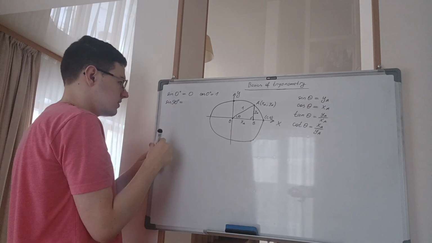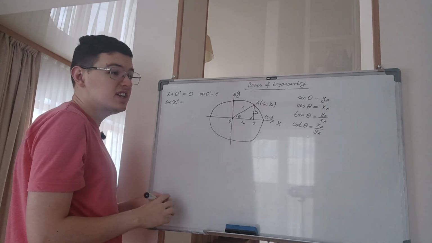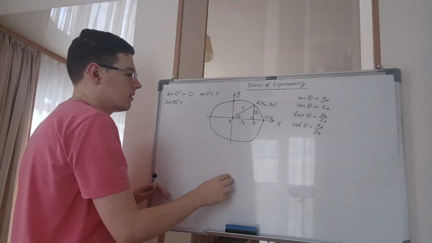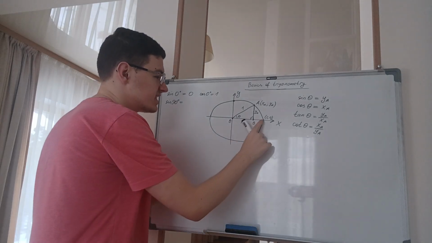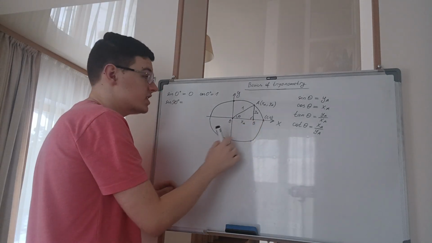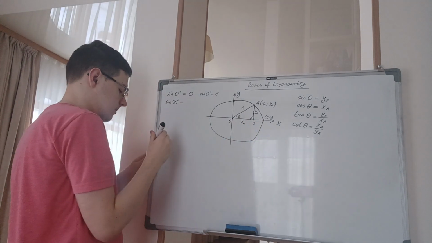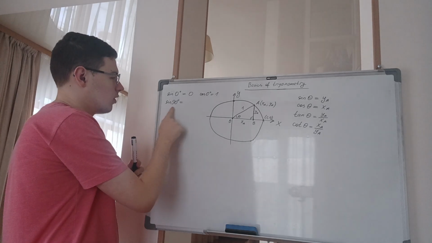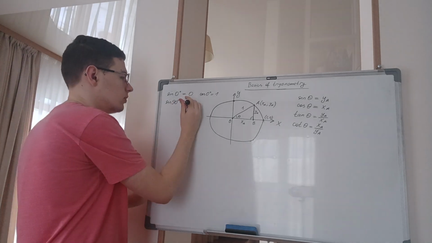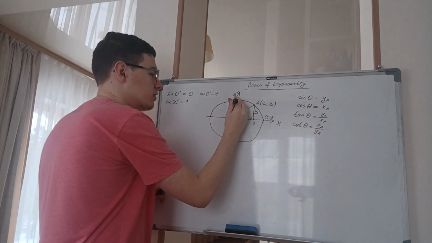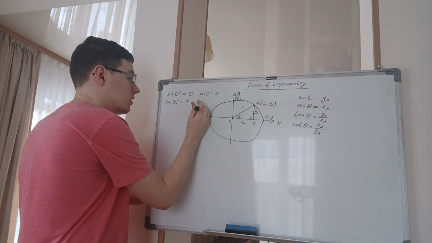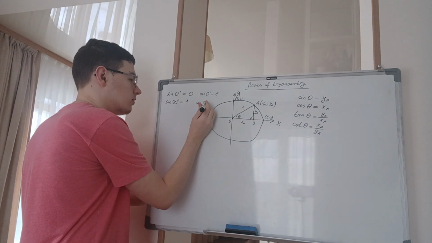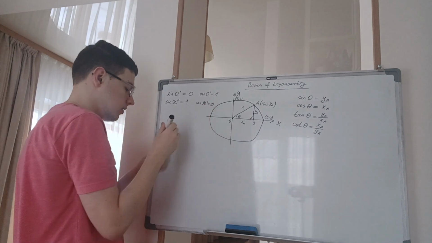That means the sine is increasing, but the cosine will decrease since the abscissa of the point will fall till 0 here. The sine of 90 degrees will be 1. So this point will be 0, 1.